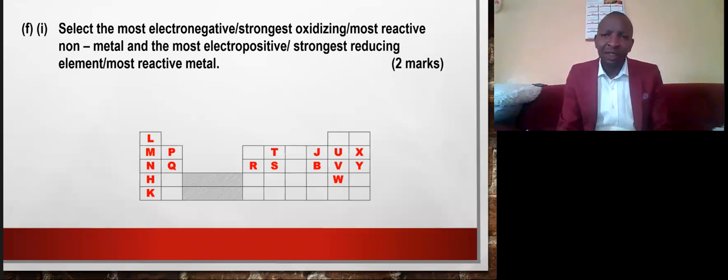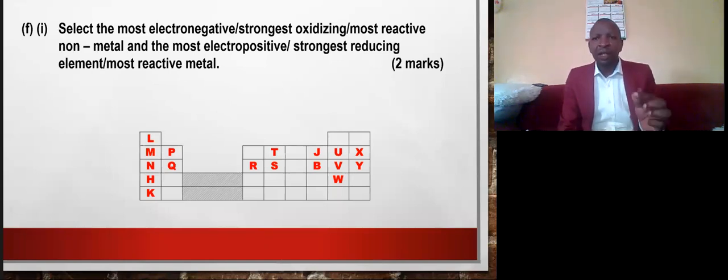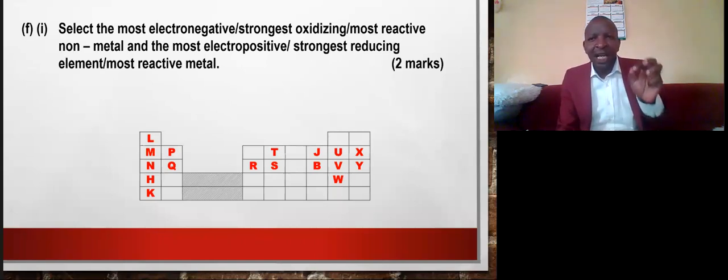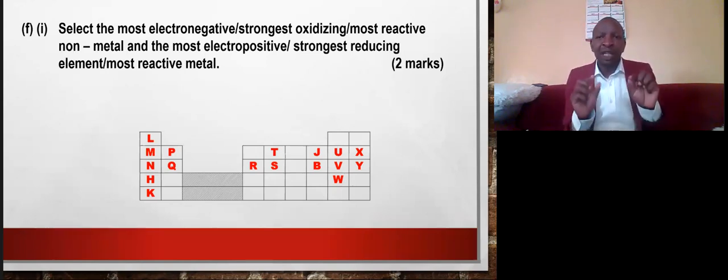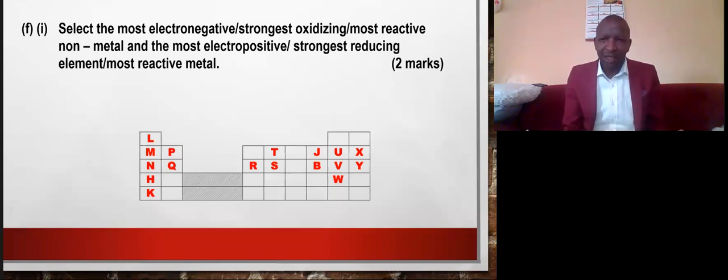Now, I have said the stronger reducing agent is also the most electropositive element, and also the metal that is highly reactive, the more reactive metal. In such a scenario, you always go to the metal with the largest atomic radius and fewer electrons to be lost.